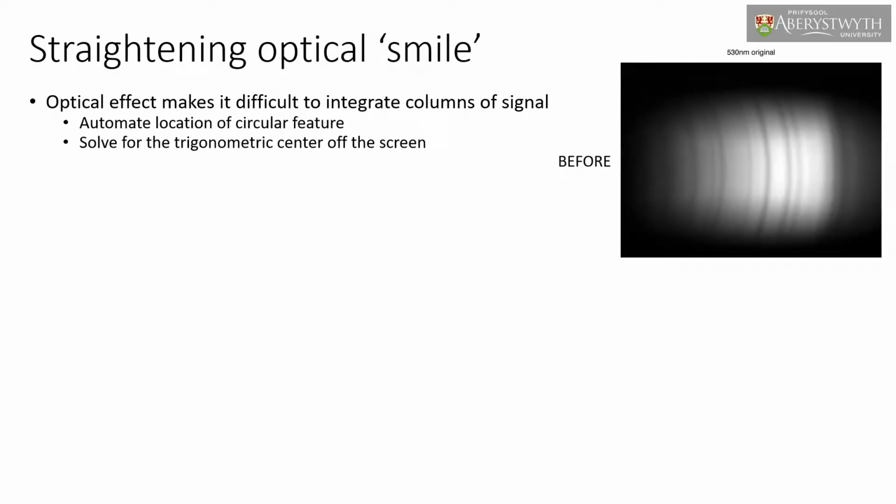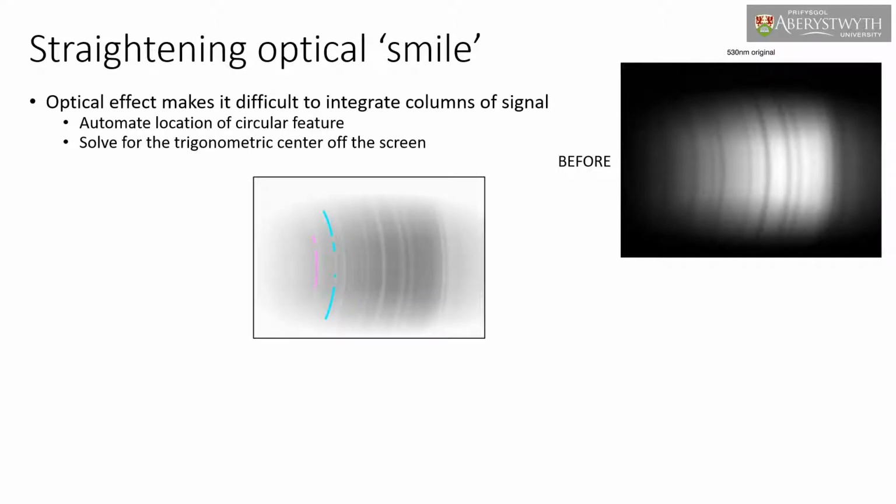Once the spectral lines were all balanced and popping out nicely, the next step was to fix this optical effect, which is known as a smile. Really curved, funny looking thing there. So I first wrote a code that automatically mapped the circular feature, which you can see in the cyan and magenta there. We'll focus on the cyan.